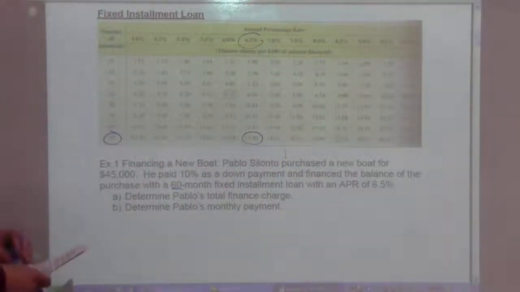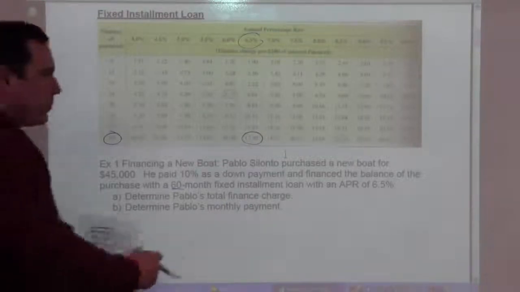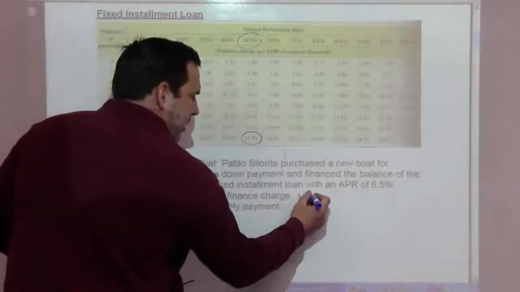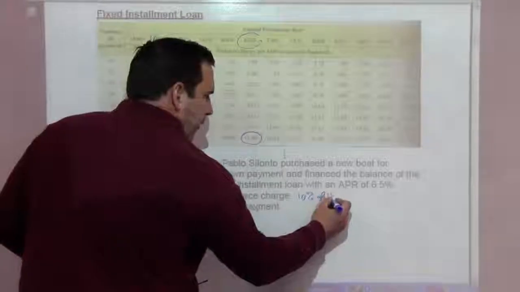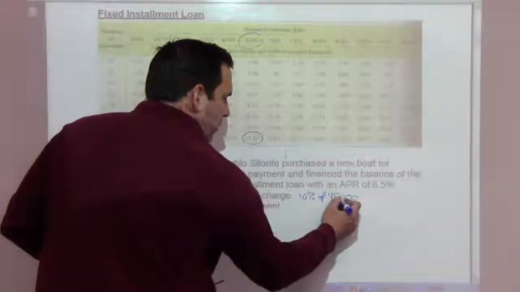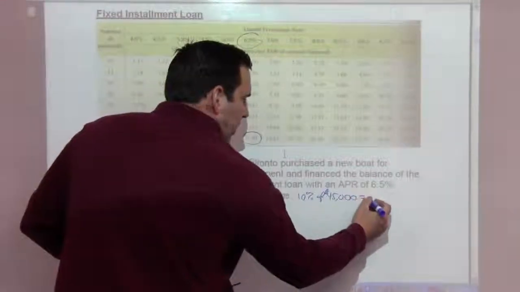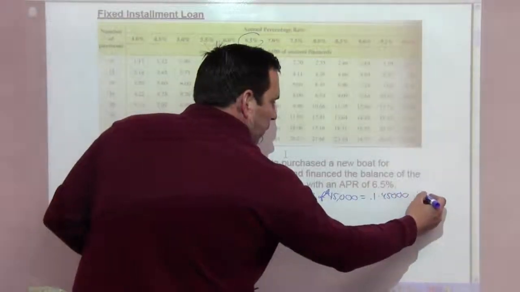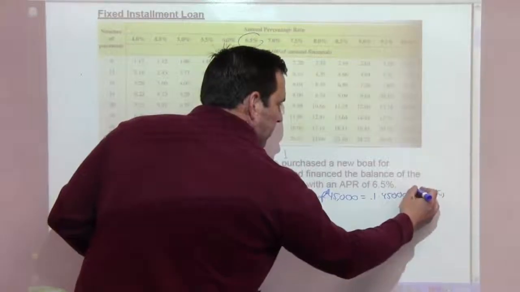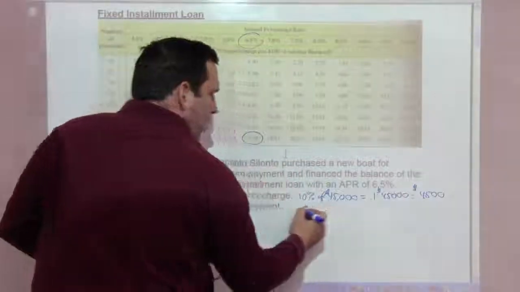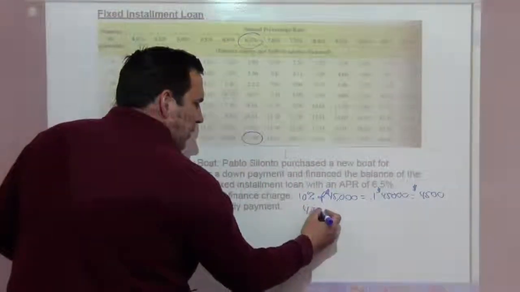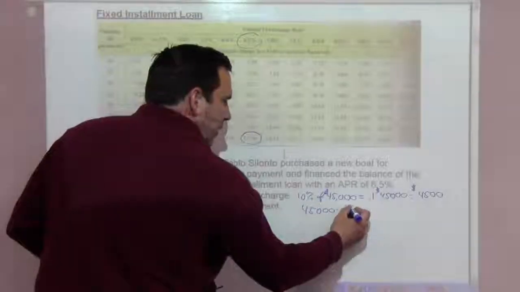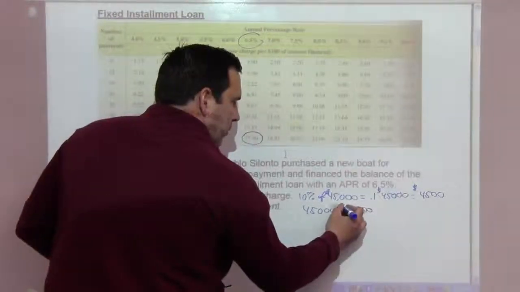So the first question is, how much did he finance? Well, he did 10% down, so 10% of $45,000 is going to be 0.1 times 45,000 or $4,500. So the purchase was $45,000 minus $4,500.